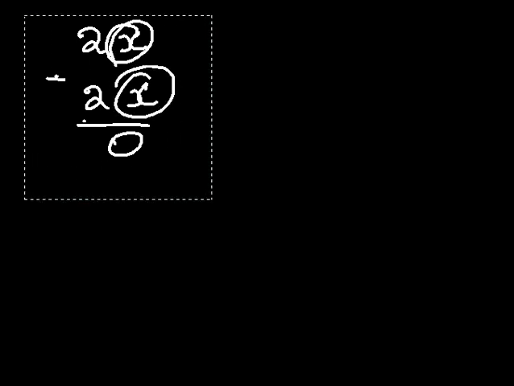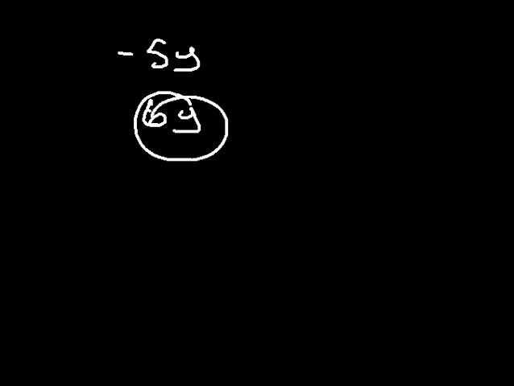And for instance, how about if we have this? Let's say we have negative 5y and then we have 6y in this case. When do we expect the combination of these two terms to give zero? First, we should make sure that the terms are the same. But now we have negative 5y and here we have positive 6y.